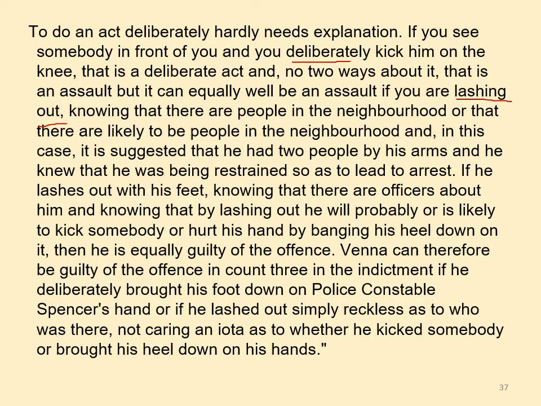Venner therefore can be guilty of the offence on count 3 of the indictment if he deliberately brought his foot down on Constable Spencer's hand, or if he lashed out simply reckless as to somebody who was there, not caring an iota, that's a good word that is, meaning small, as to whether he kicked somebody or brought his heel down on the hand. So that's what that picture was about. You've got your defendant who breaks a police officer's hand whilst he's being arrested.